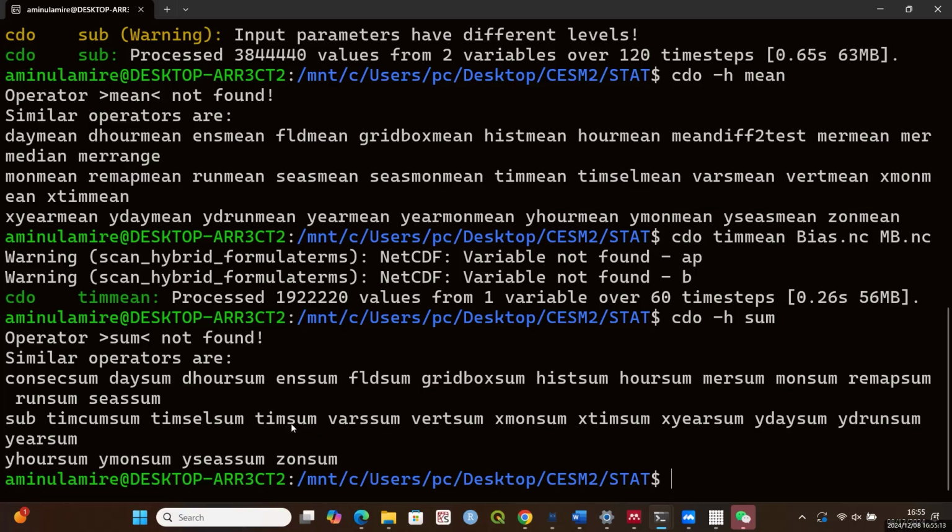But you can try maybe just to do CDO time sum. Try to do CDO time sum, and then use that file we generated the bias. Instead of calculating the mean, just do the totals. Try to do that if it is working. For those who don't have it, try to do it and see if it is working.